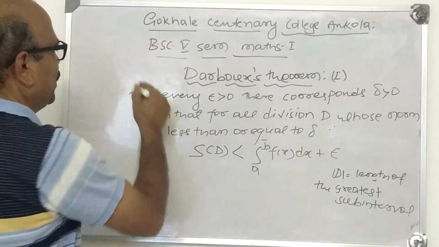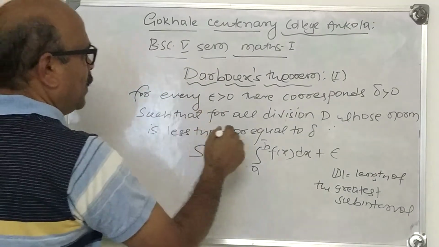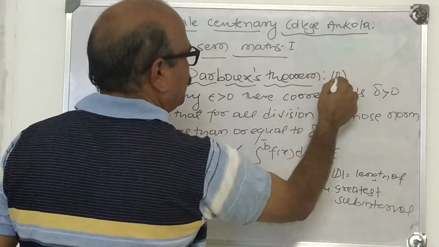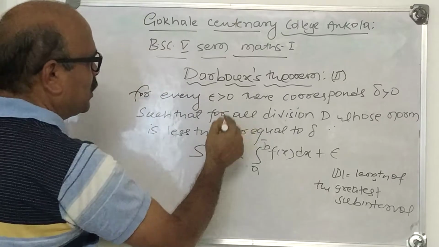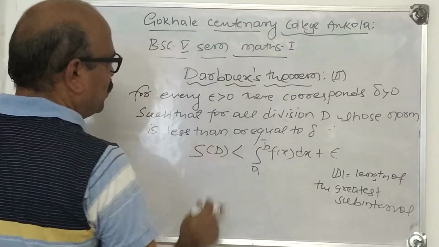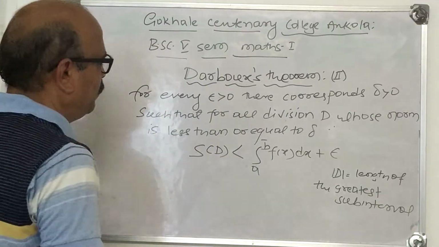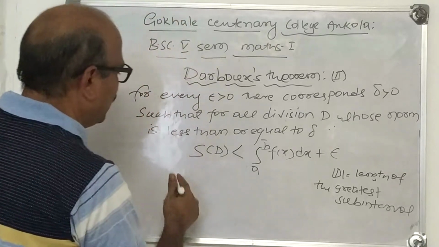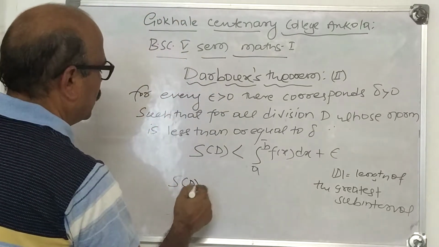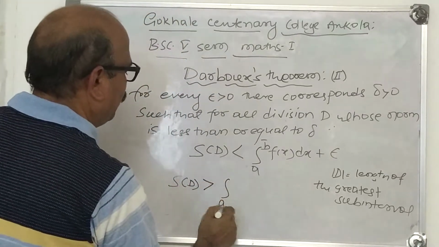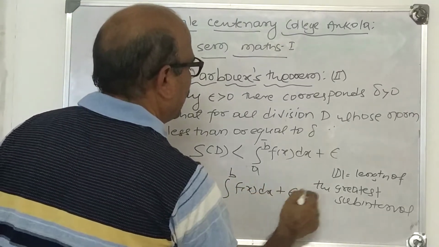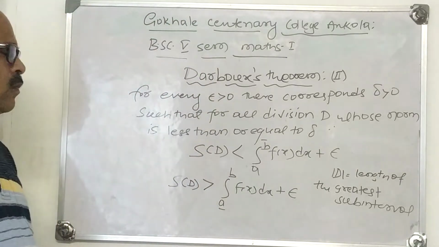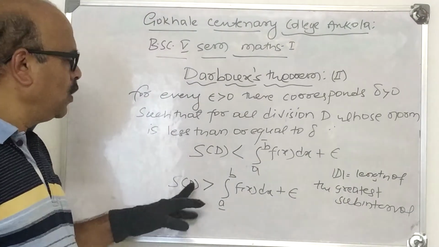This is the first theorem. Second theorem is, for all division D whose norm is less than or equal to delta, this small s(D) is greater than the lower integral of f(x) dx minus epsilon. What do you mean by small s(D)? Set of all lower sums.